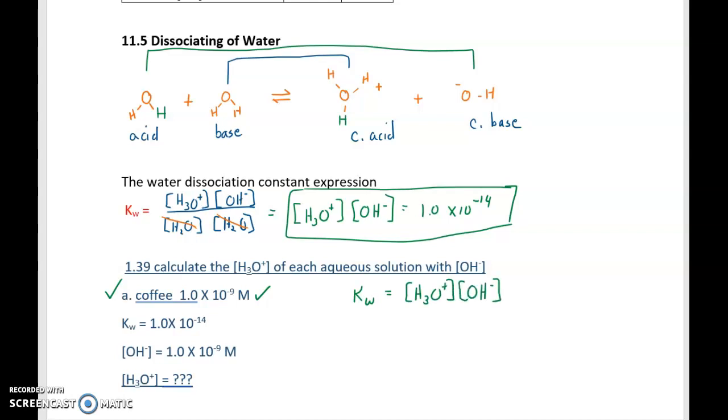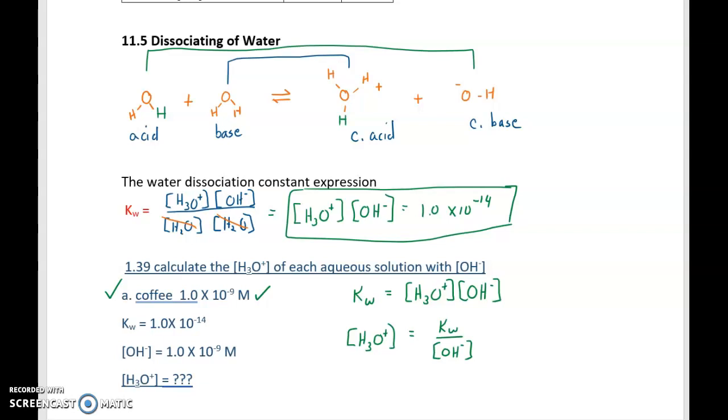We can solve this equation for the hydronium concentration, and we'll get Kw divided by the hydroxide concentration. All I've done is rearrange that algebraically. You can prove to yourself that if you divide both sides by the hydroxide concentration, it drops off one side and appears on the bottom of the other.